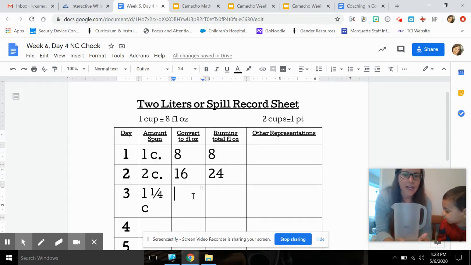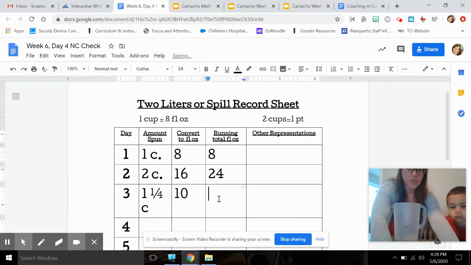And then add that to the 8 ounces. That is my cup. So the 1 cup would be 8 ounces, and then the 1/4 of a cup would be 2. So I get 10. And then if I had 24 and now I have 10 more, I am up to 34.